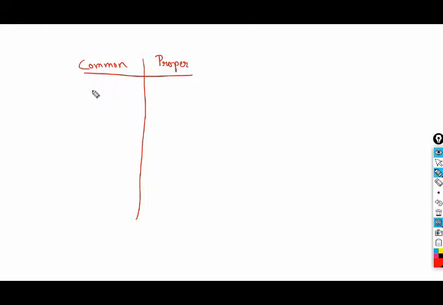Now, the word girl is written in small letters always. The reason behind is there are some crores of girls in this world. There are a lot of girls in the place where I am. So let us say I am a teacher.